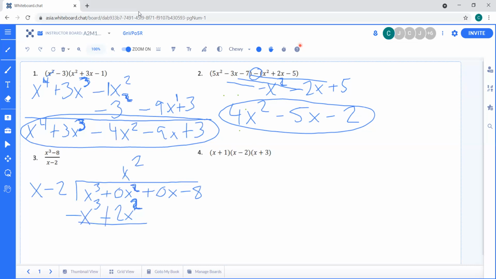Negate those, that cancels. Leaves me with 2x squared. Now, I don't have to bring this down because it is nothing. I can go ahead and just bring down the minus 8. So how do I get x to become 2x squared?